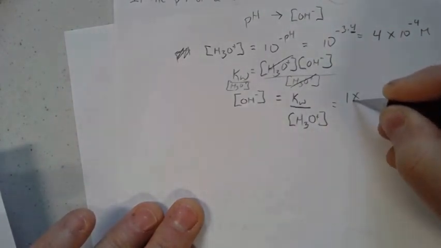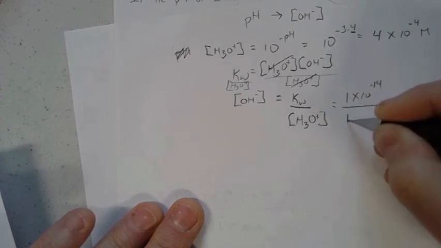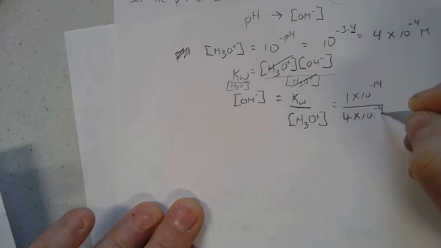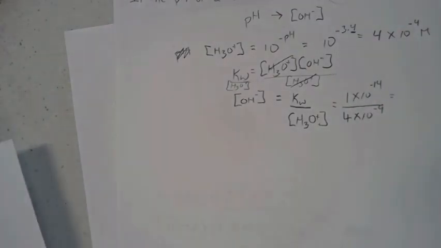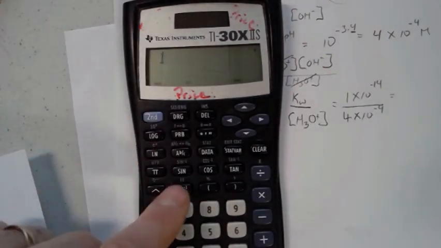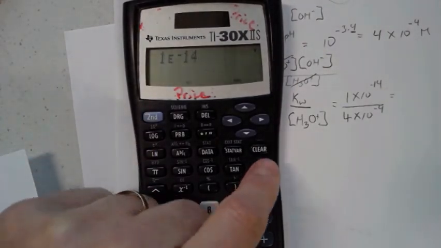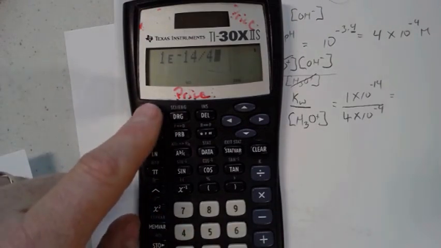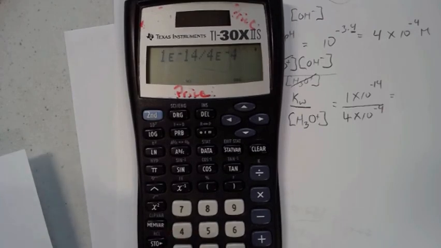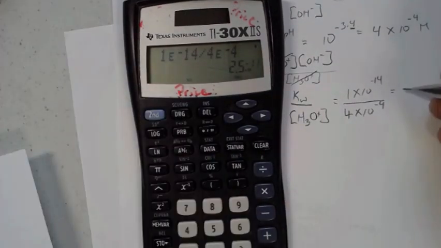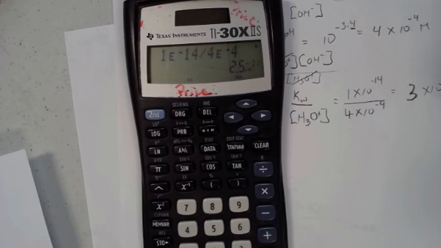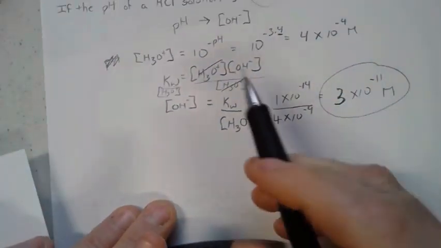And therefore, I have 1 times 10 negative 14 divided by 4 times 10 negative 4. According to my calculator, I have 1 EE negative 14 divided by 4 EE negative 4. And I get, as my concentration of hydroxide, 2.5, well, I have to round that off, so that's going to be 3, because that only has one digit there, 3 times 10 negative 11 molar. And there's my concentration of hydroxide.